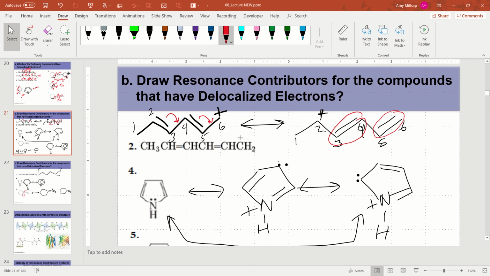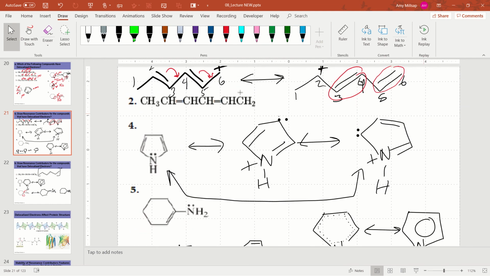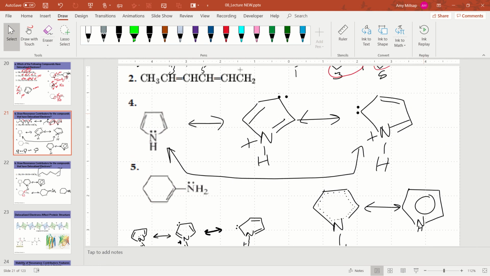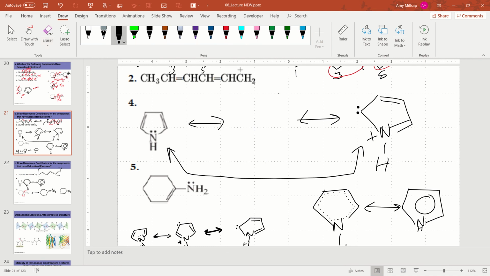Okay, so another example. Firstly, I'll show you one without electrons drawn in. I'm just going to put the basic ring there and then fill in the electrons based on how I move them.